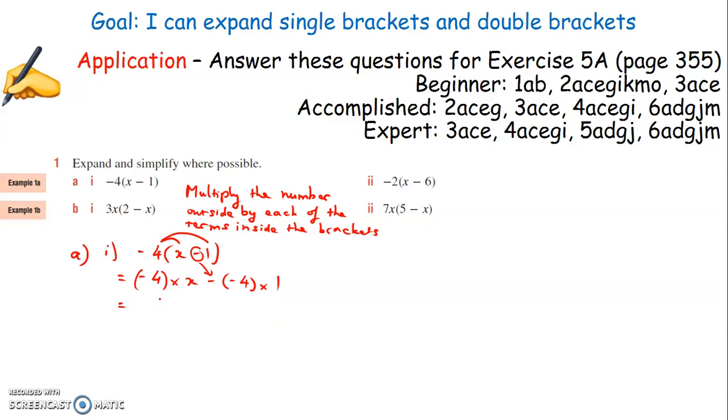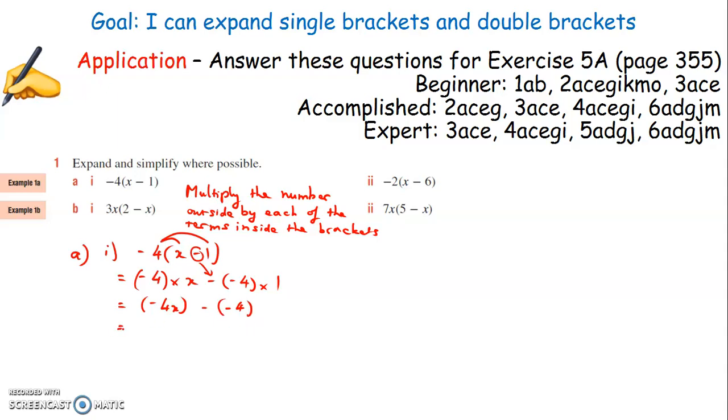Negative 4 times x is negative 4x. I'll still put it in the brackets here. And minus, here we have negative 4 times 1. A negative number multiplied by a positive number is going to give us a negative answer, and 4 times 1 is 4. So here we have negative 4.